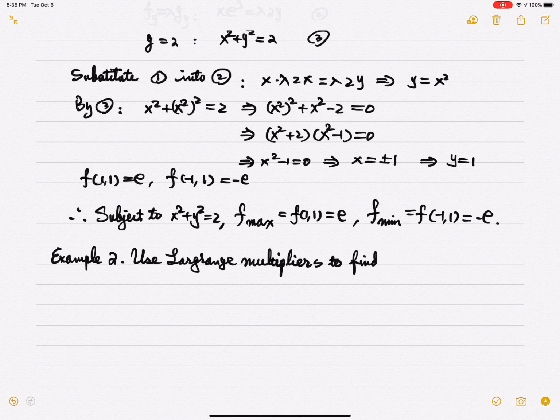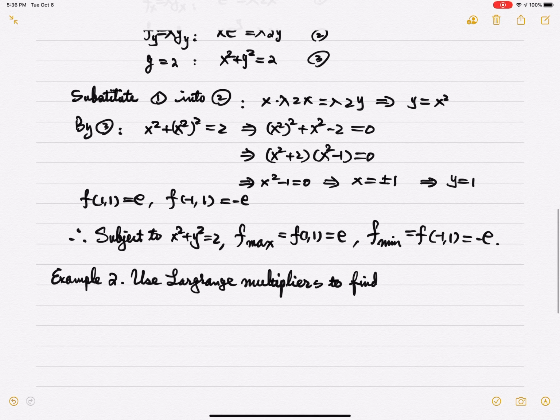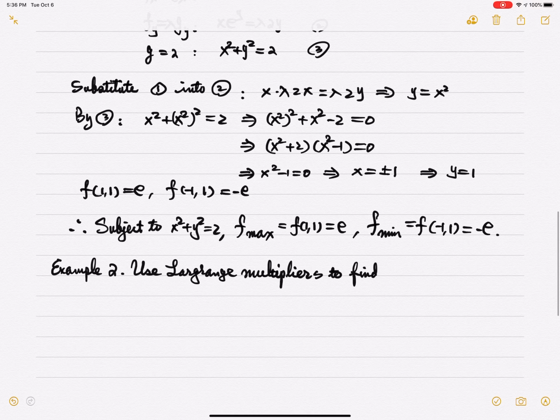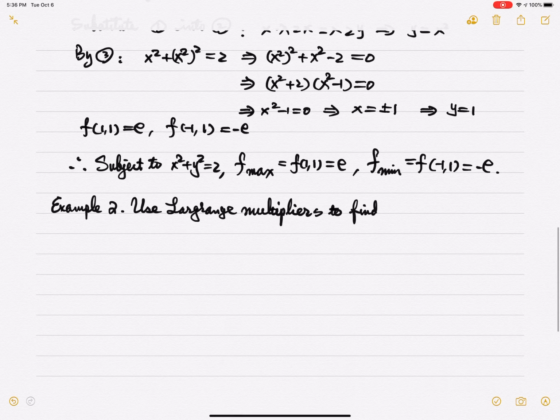You already noticed we used the multiplier lambda in the first example, but we didn't even find what lambda equals. Of course, once you find the x, y values, you can use a given equation to find lambda, but it's not necessary.